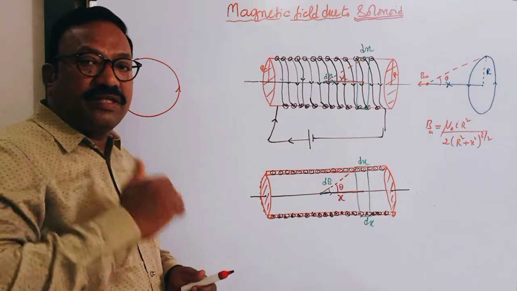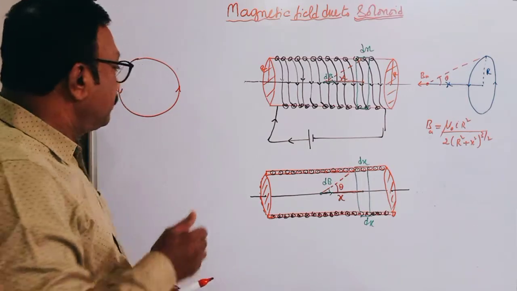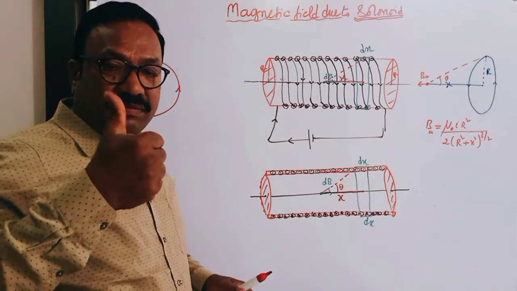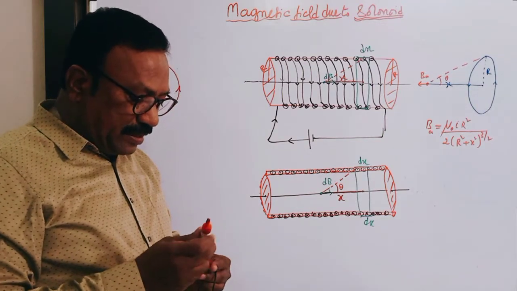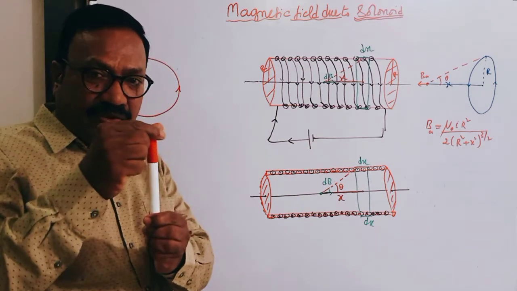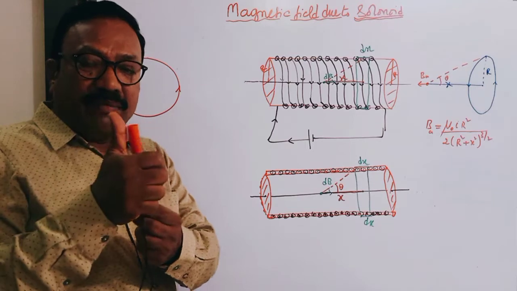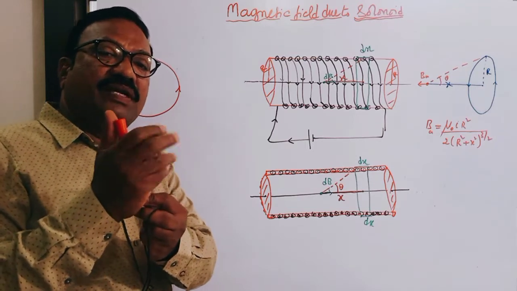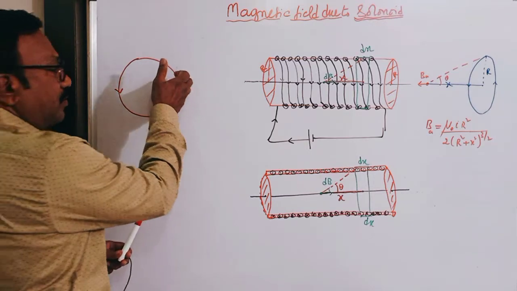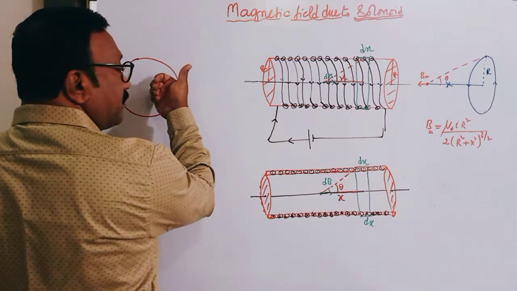So I would like to determine the magnetic field. I think you will be using the right hand thumb rule. The thumb indicates the direction of current. Suppose the current is flowing like this in a conductor. The four fingers indicate the magnetic field. So if you hold it here, the magnetic field will be coming out.